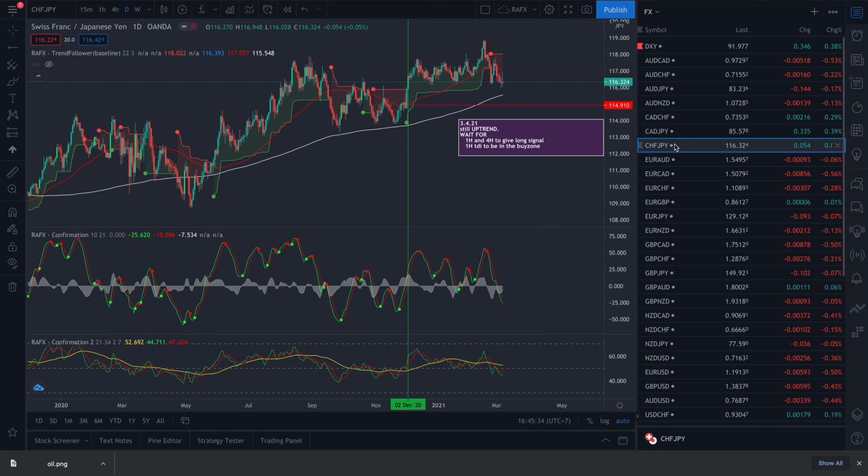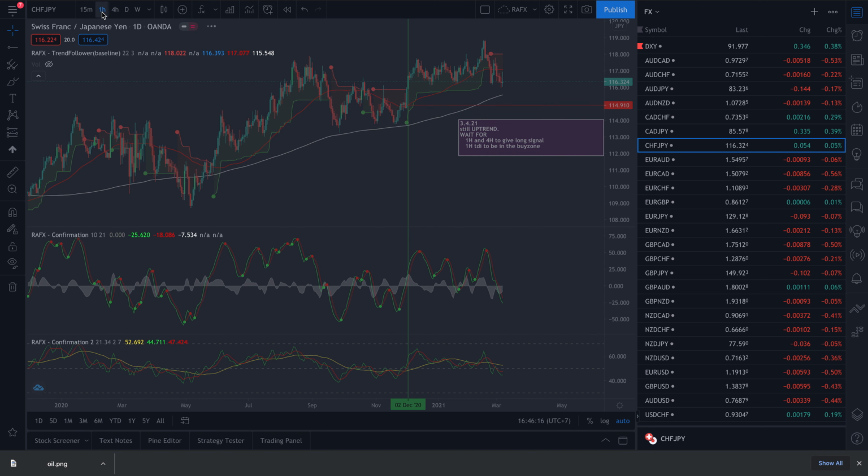For Swiss yen, again on the daily, we have a clear uptrend still, because the price is above the 200 baseline, and it poked down the 50 baseline. So this one is a good waiting opportunity for a long trade. Let's see if we can find any entry trigger in the lower time frame.